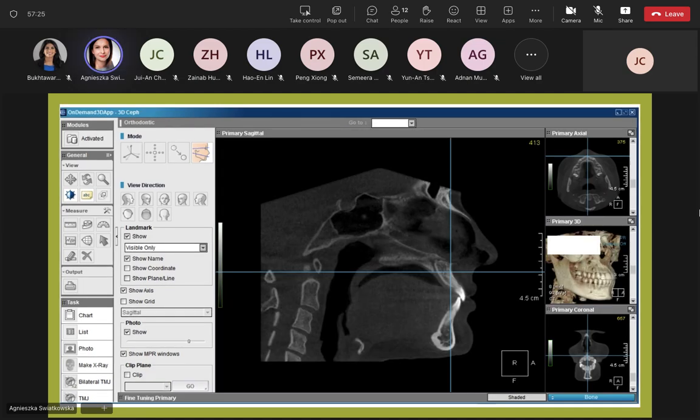But radiation is too big, and next problem, we still don't have the analysis for CBCT 3D X-rays. That's why it's not useful for us as orthodontists.